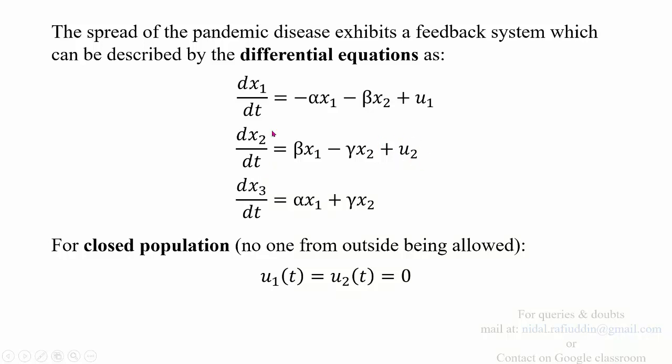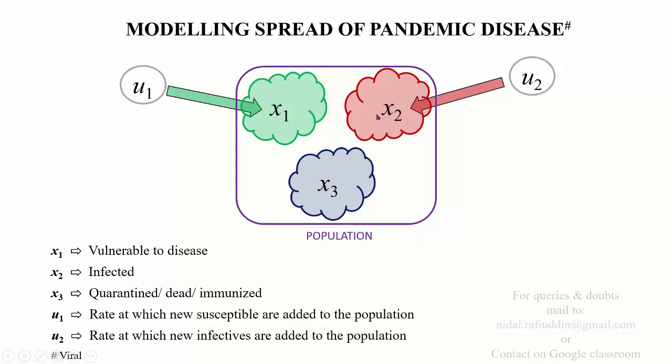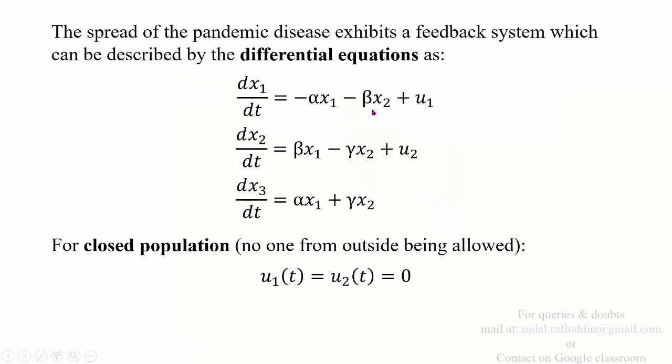So this is of course true that your subset is going to increase when you bring a part of the subset from outside the main population, and likewise it's going to drop if the number of people who are infected increases. So if this subset keeps on increasing, then the rate of change of the infected people will drop.